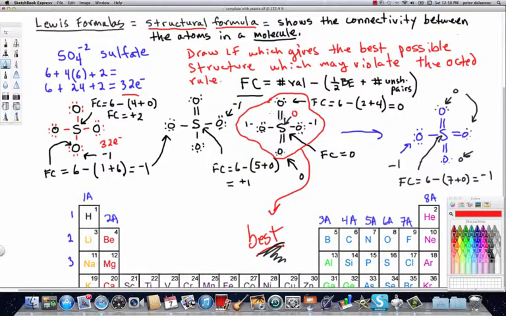This means that the level of sharing between the oxygens and the sulfur is maximized to account for, or at least moderate, their respective electronegativities. So this would be the best structure of sulfate when we eliminate the need to stay within the octet rule. All right, and I'm going to go ahead and close with that.